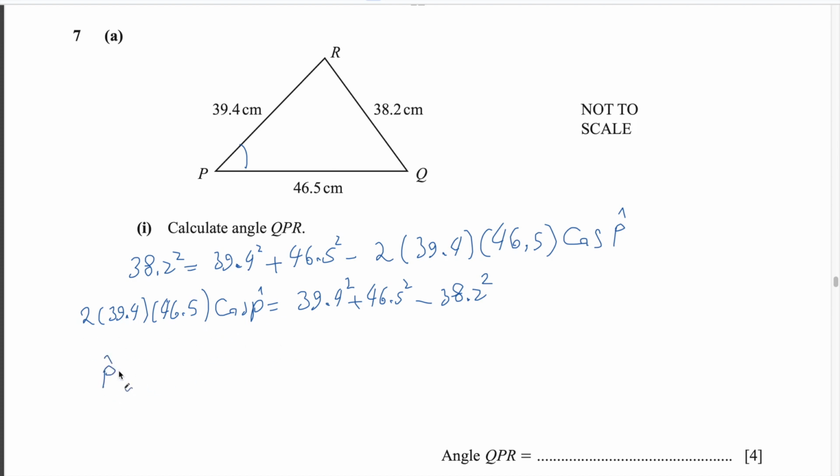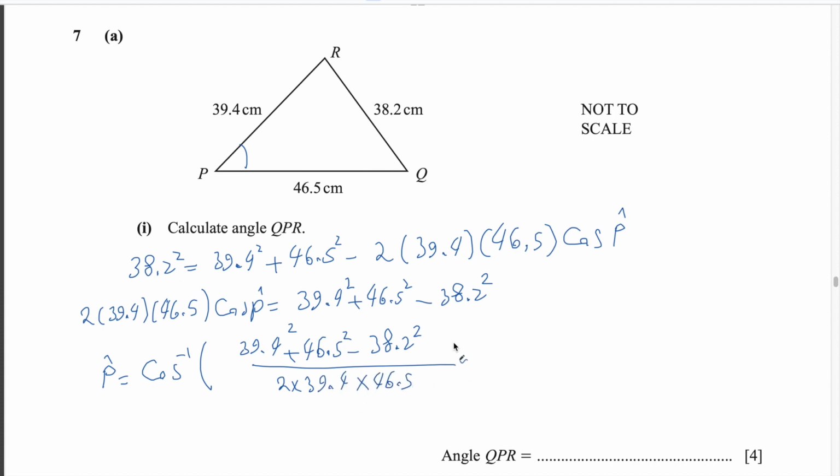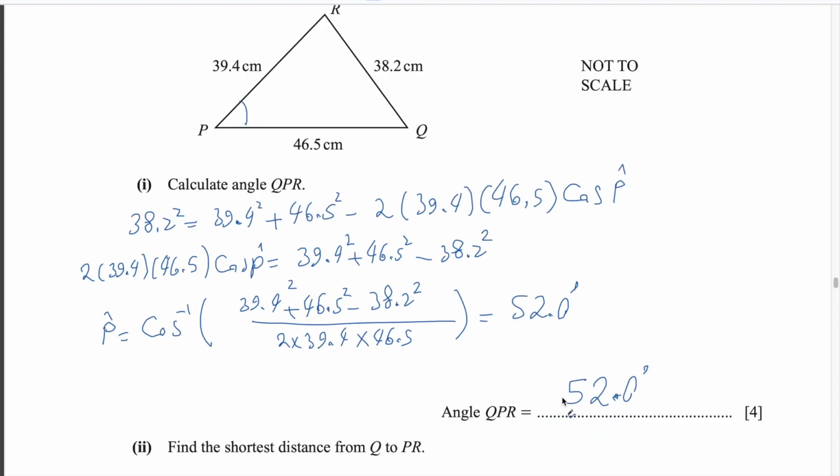So P will be equal to cosine inverse of (39.4 squared plus 46.5 squared minus 38.2 squared) over (2 times 39.4 times 46.5), which is equal to 52 degrees. 52 degrees is the answer for the first part.